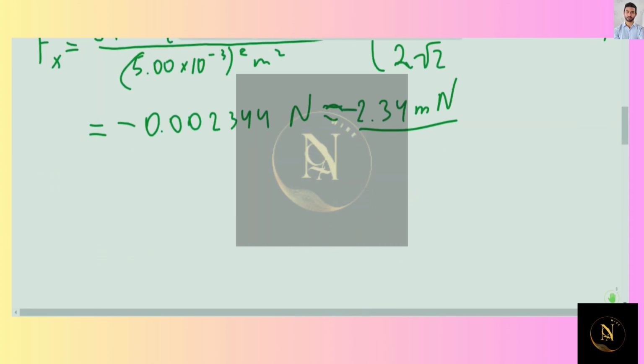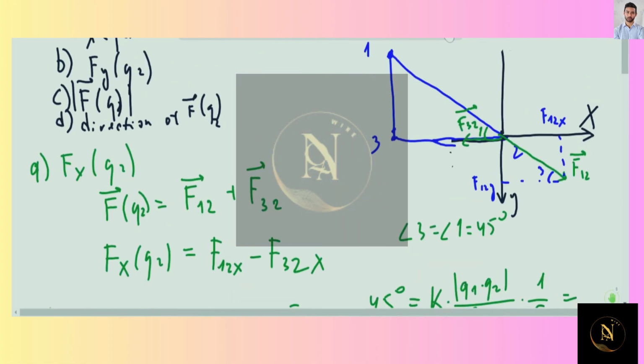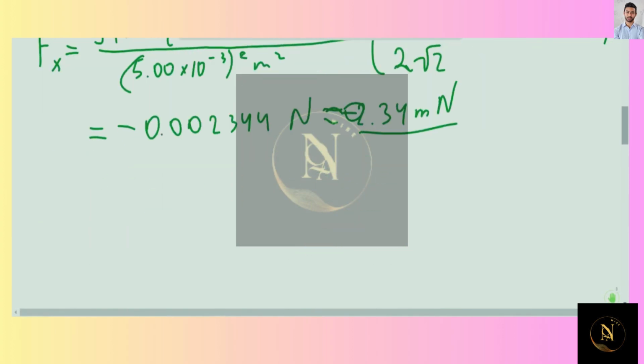Oh, sorry, negative, obviously. The negative sign basically means that the real component will be directed to the left. So basically we chose x in the wrong direction, but again, it doesn't really matter.